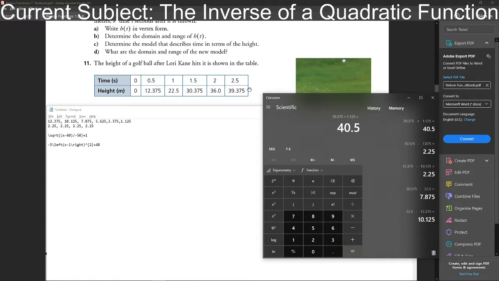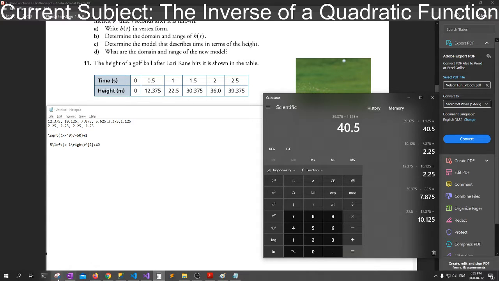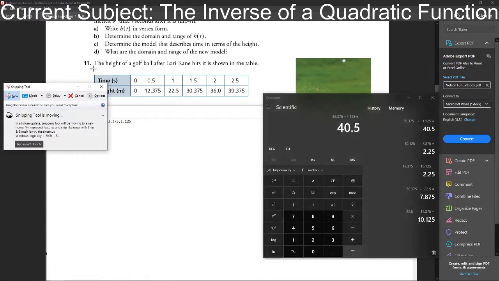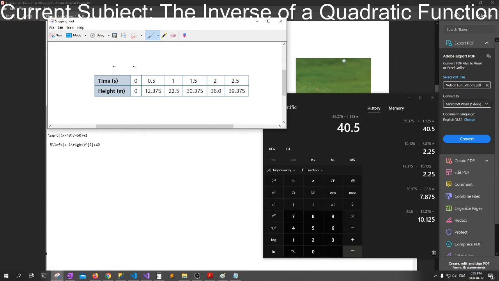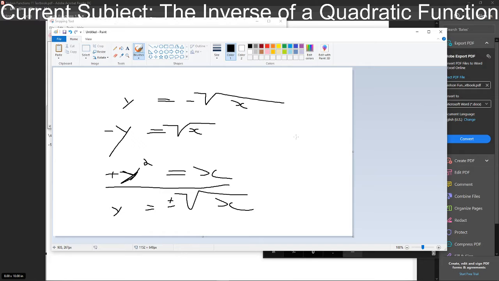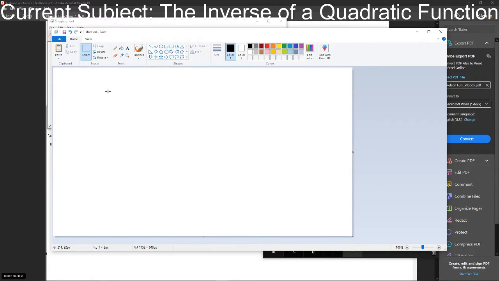So the next value in this table, we got a good old handy snippet tool. We can go over to Paint. Is there a quick way to delete all this? Cool.